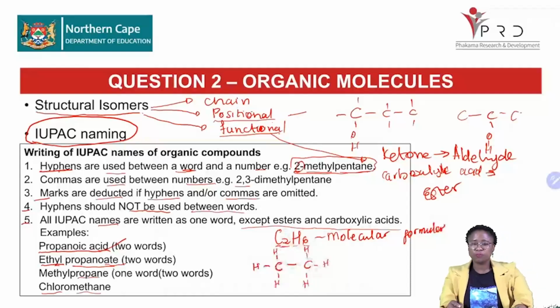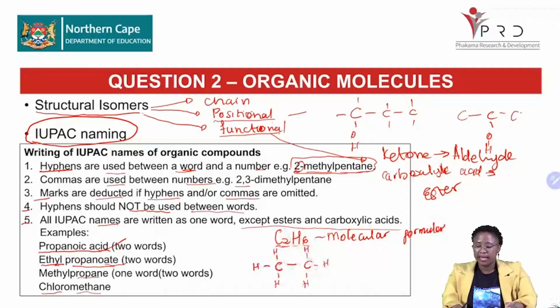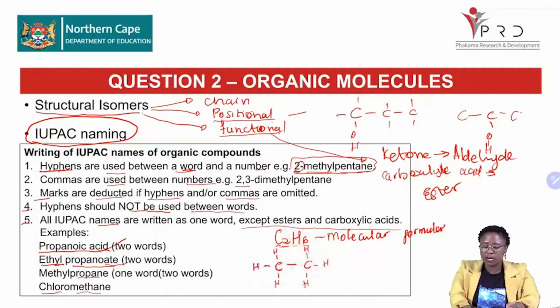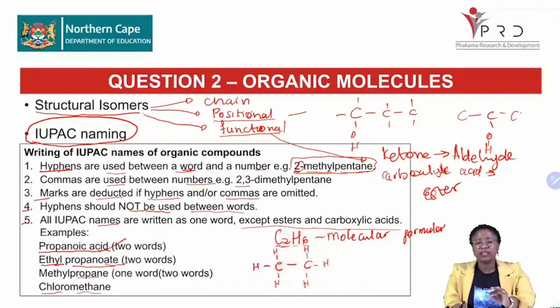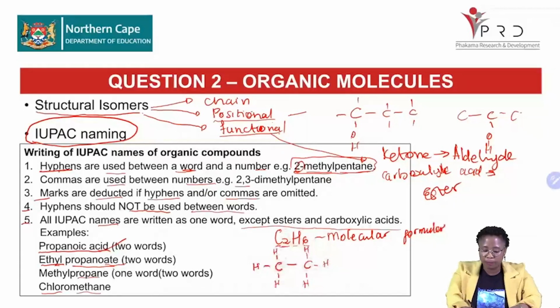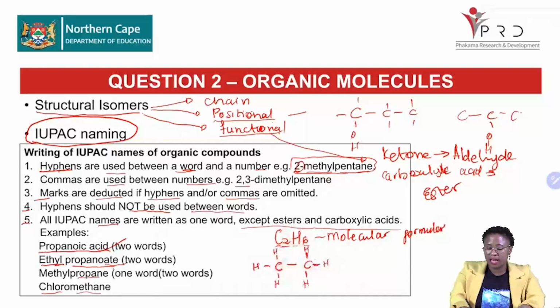When we speak of structural formula, it shows which atoms are attached to which, and we represent the chemical formula using the symbol of the element, and we use lines to show the bonds. This line over here, this line over there, indicates the bond between one atom and the other. So this one will be referred to as the structural formula.